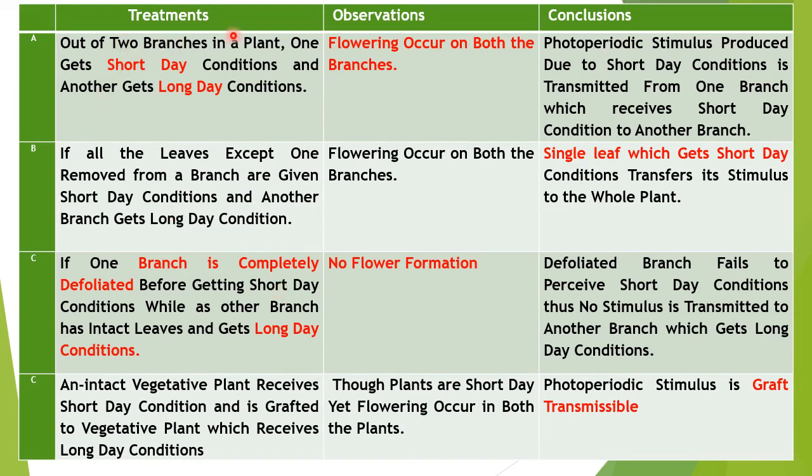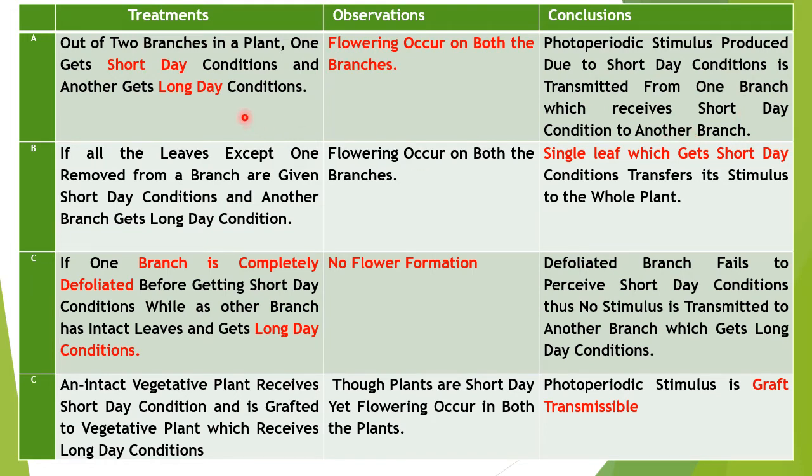Out of two branches in a plant, one gets short day condition and another gets long day condition. Flowering occurs on both the branches. Photoperiodic stimulus produced due to short day condition is transmitted from the branch which receives short day conditions to the other.